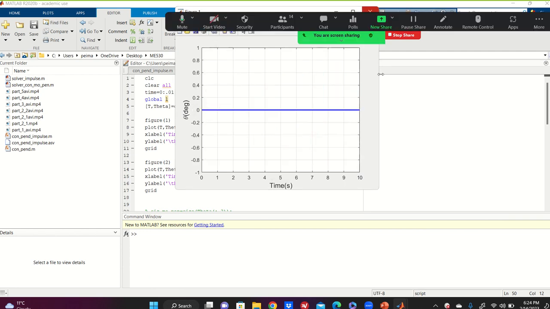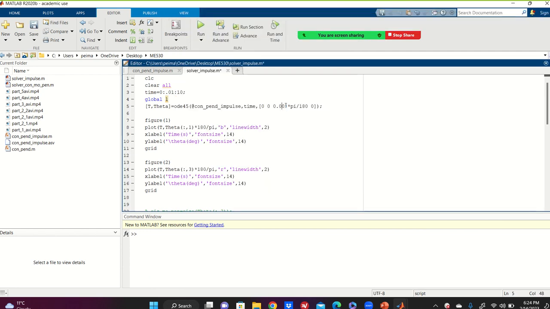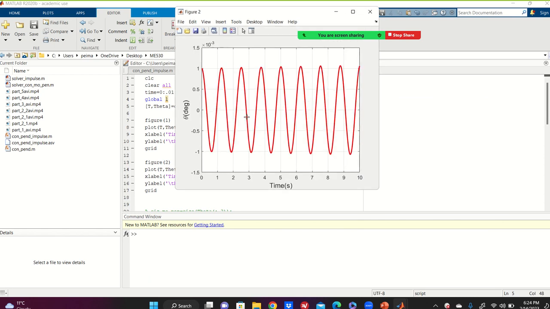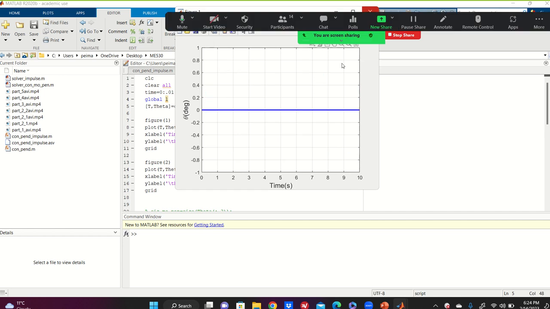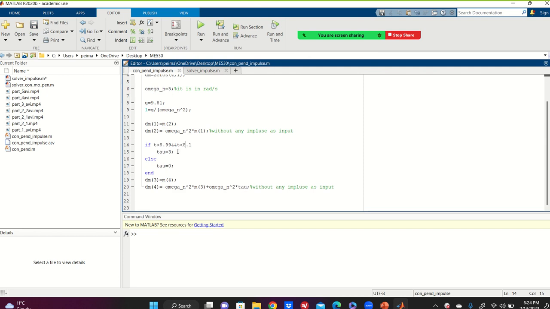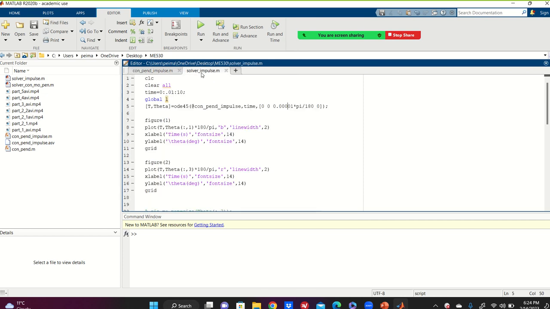But you have to play with the initial conditions. There we go. Oh, it goes to the end, so you have to play a little bit. Don't go to the 8, it makes a problem. Just keep it as 4. Because this is not very accurate. This is not an accurate impulse. This is just an approximate impulse that we are plotting.